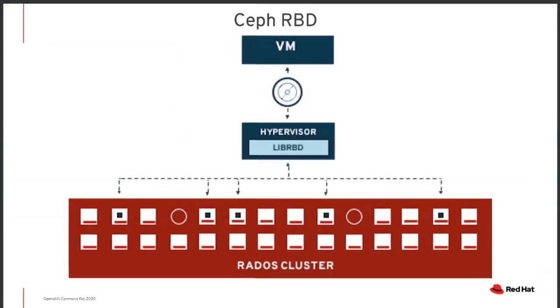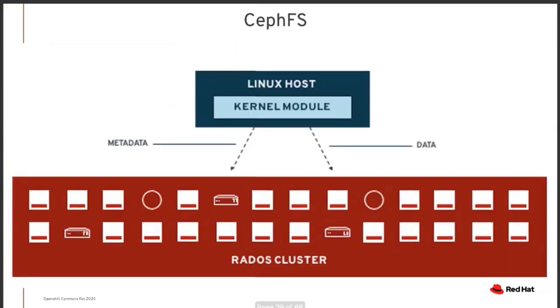RBD, the block device, I won't spend too much time on this. There are two different block devices. There is kernel RBD and there is the other RBD. The kernel one is the most performant one, but it has less flexibility, and the other RBD is the one that's mostly being used. That's the block device. CephFS has two types of data.